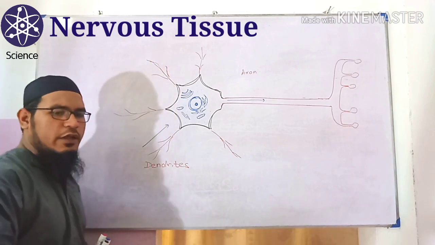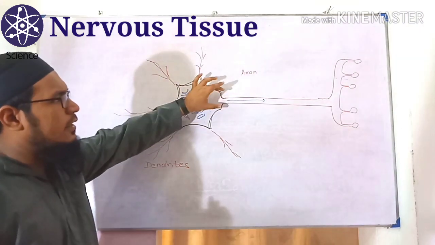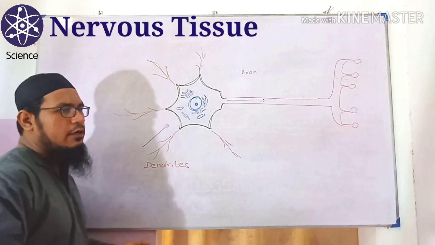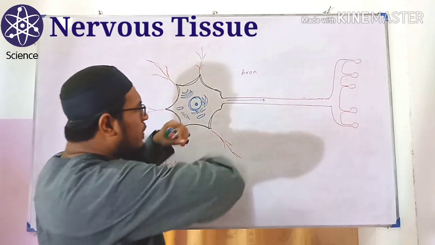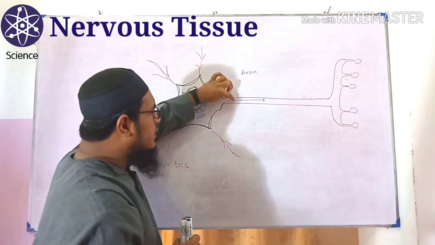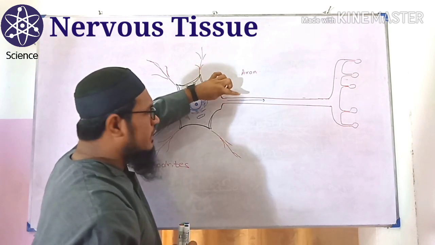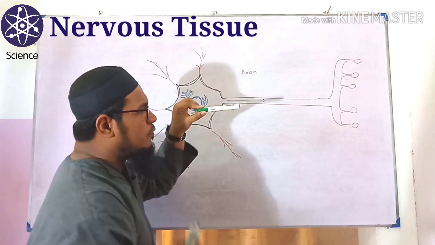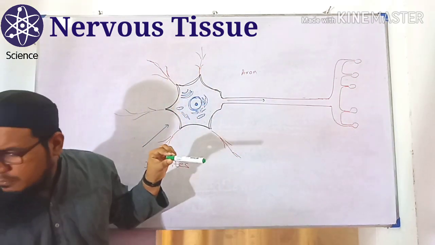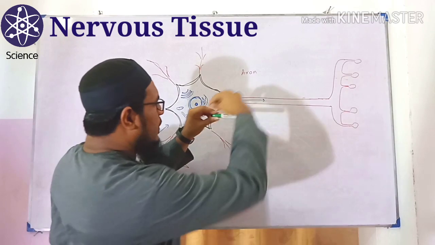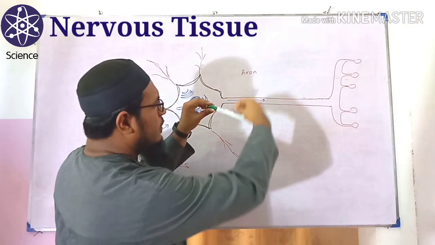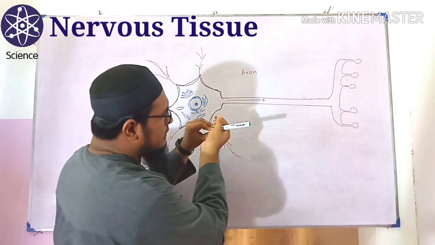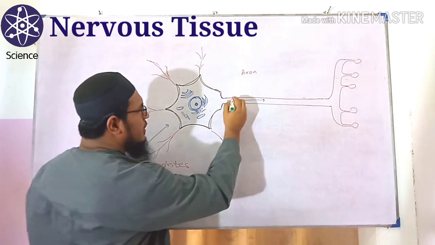In most chordates, the axon, mainly the axon, is myelinated. Myelination means wrapping of a myelin sheath around this axon. Now if we consider the axon as this tube, myelination means wrapping of sellotape or something around this. So it's something like this.